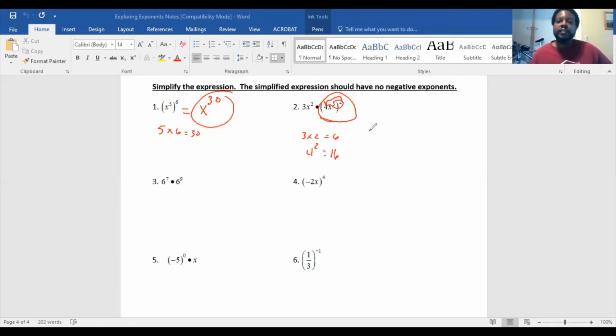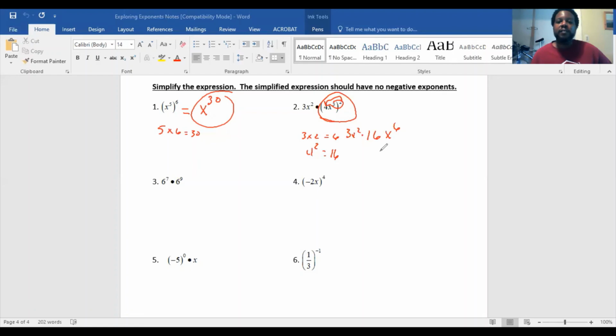So we have 16x to the 6th times 3x squared. Okay, and we can just multiply the numbers and multiply the x's together.